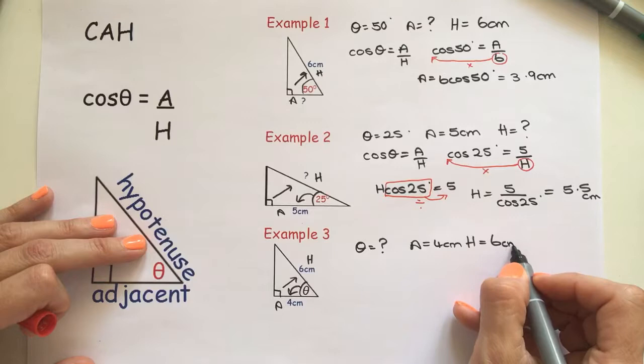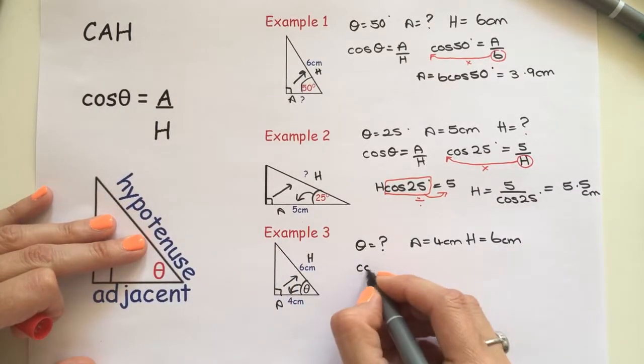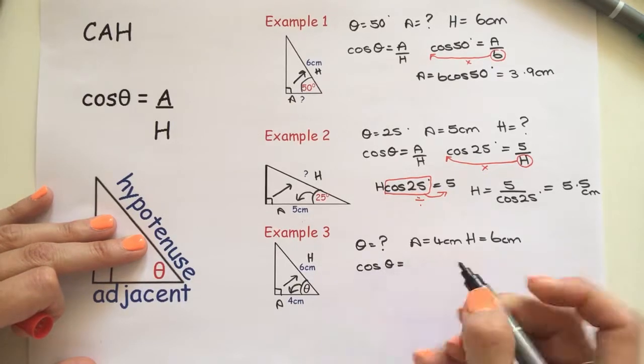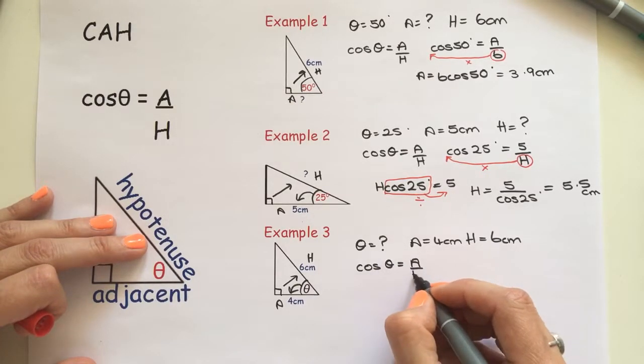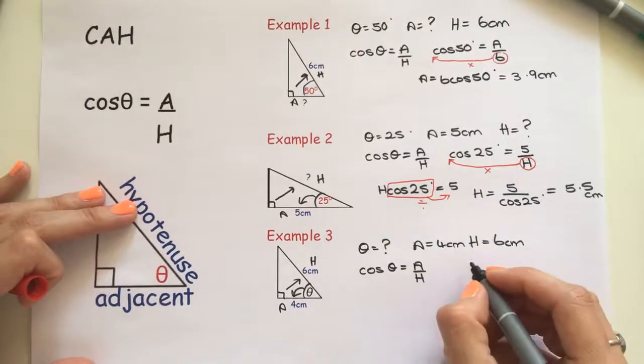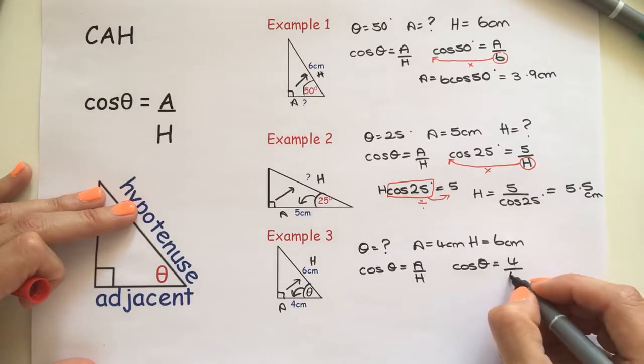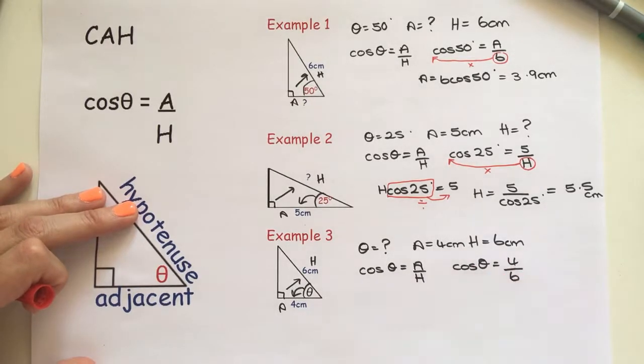So theta, A and H, again, cos, because we know that these are all cos, but just to make sure you are understanding why I'm using them, no reference again to the O. So cos theta equals, substitute 4 over 6, make sure you don't get those the wrong way around, it's A over H.